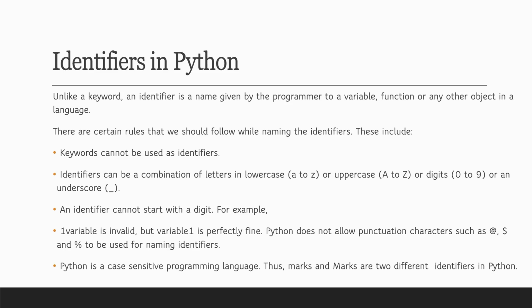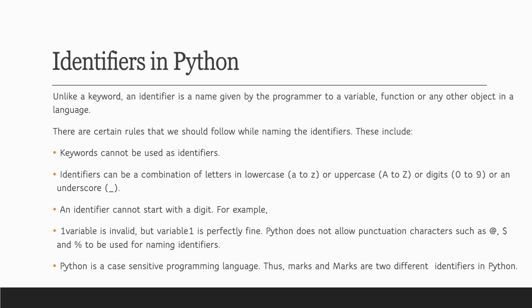But there are some rules we must follow while naming identifiers. First, we cannot use keywords as identifiers. For example, we cannot name a variable if or while because those words already have special meanings in Python.